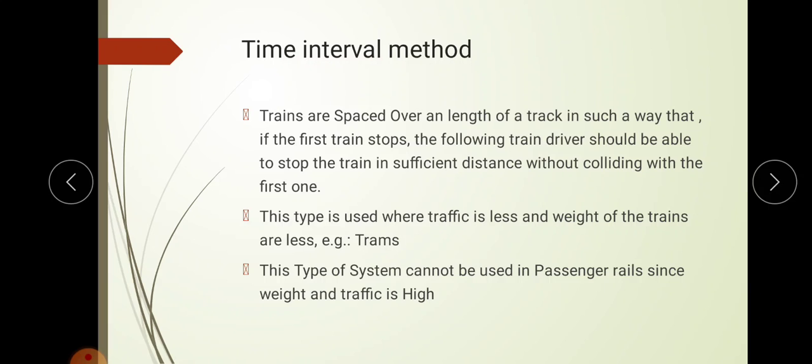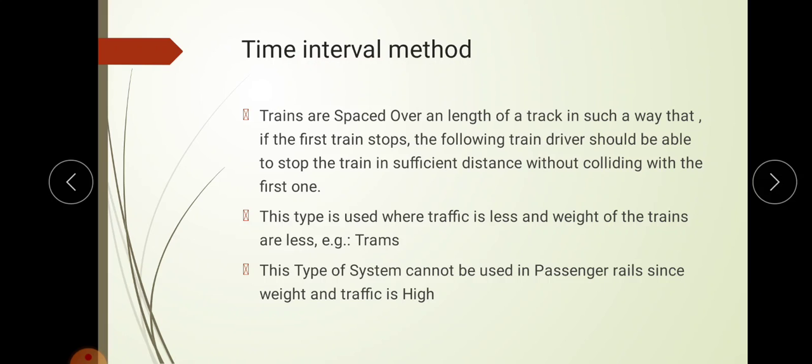That is, if a train is moving on a track and many other trains are following it, and if the first train stops, the driver of the following train should be able to stop his train such that there is minimum distance between these two trains, so there is no collision between them. That is known as the time interval system.